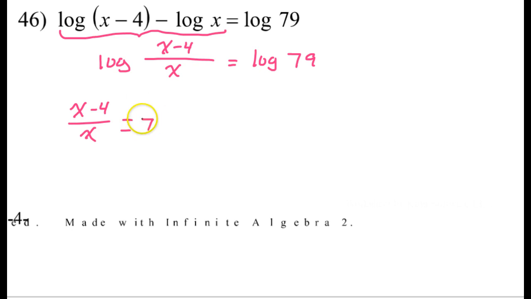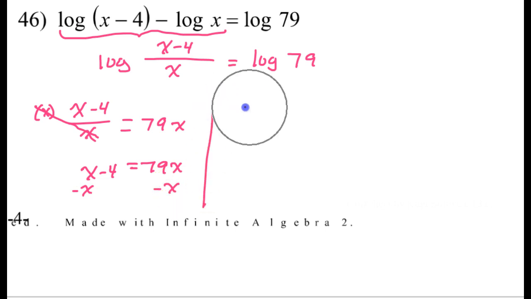should equal 79. Multiplying both sides by x, maybe I'll just go ahead and show it. So those will cancel each other out. So that's going to give me x minus 4 is equal to 79x. So now I'm just going to subtract x from both sides. So that's going to give me negative 4 is equal to 78x.